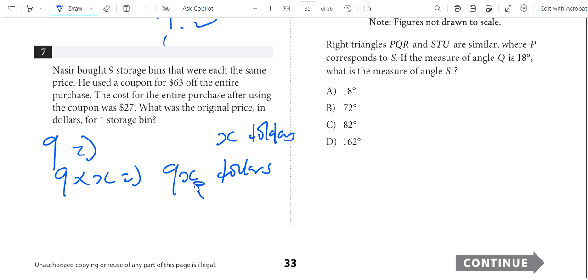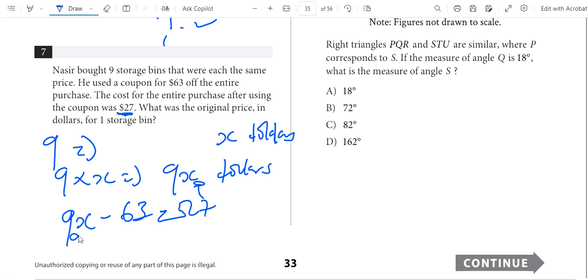But it says that he used a coupon of $63 off the entire purchase, and then it gave us the total amount he paid for the purchase to be $27. So this is really easy. My value 9x minus $63 is going to give me 27.